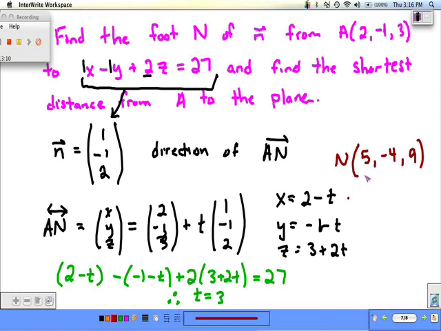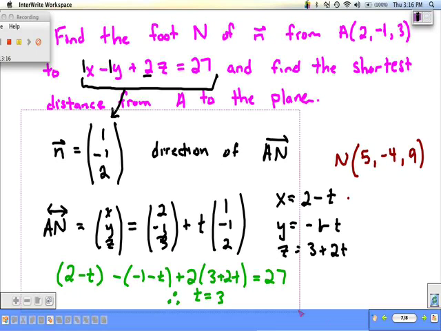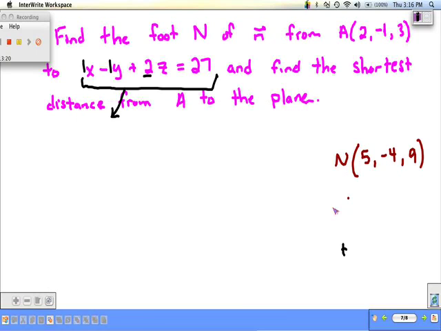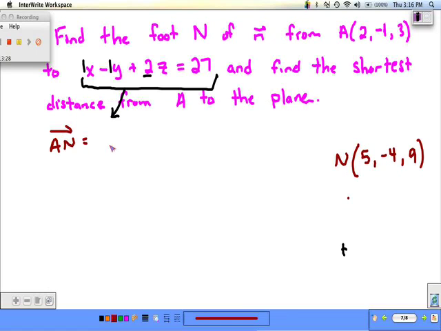Which means that vector AN will be equal to 5 minus 2 is 3, -4 minus -1 is -3, and 9 minus 3 is 6.